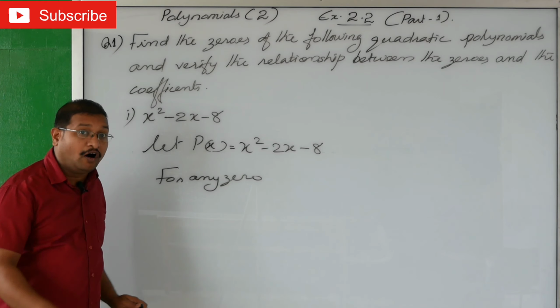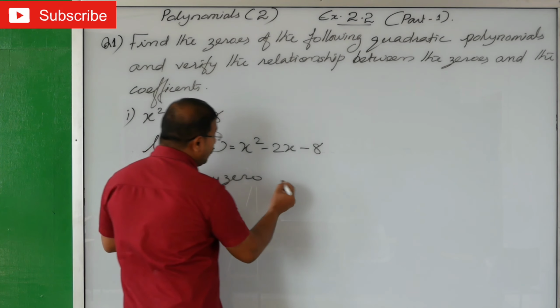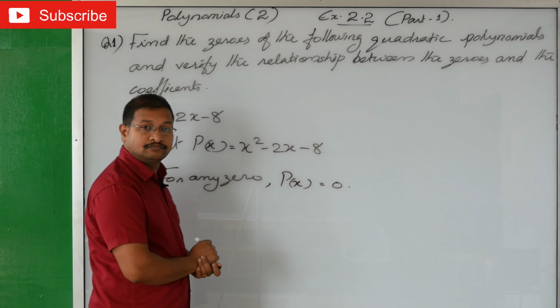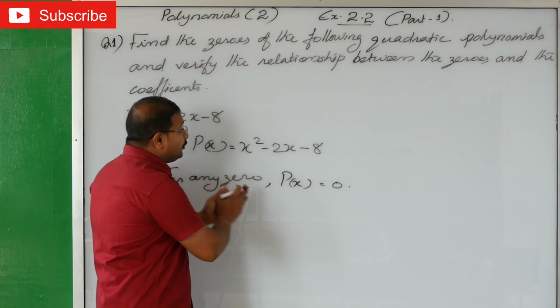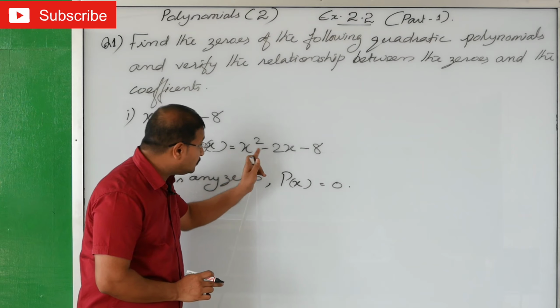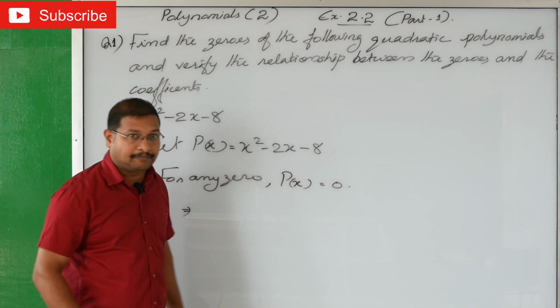If you want to get the zero, that polynomial should be 0. For any zero, p of x equal to 0. This implies we are going to factorize this. We will use breaking the middle term, that rule.